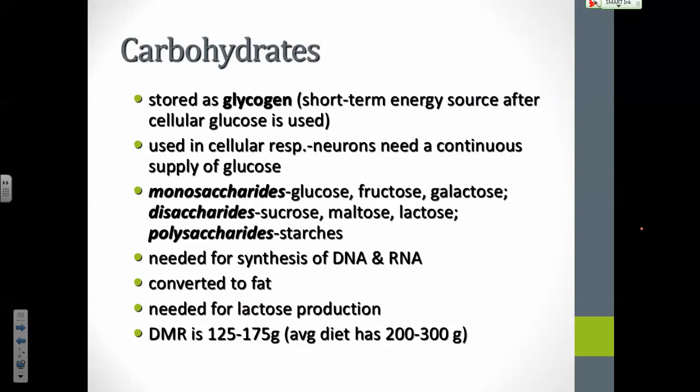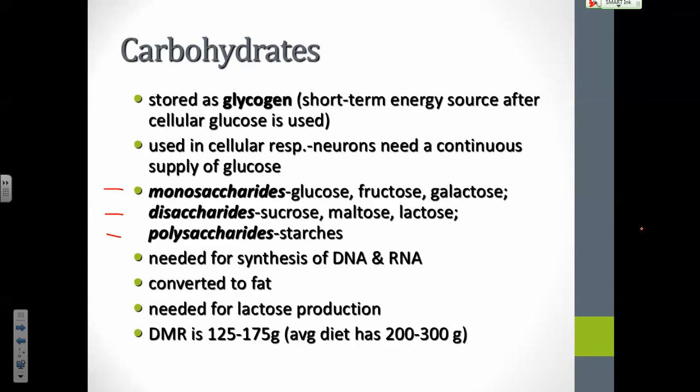Okay. So let's start with the macronutrients and the carbohydrates. You know the categories of carbohydrates. You've learned these before. Monosaccharides are simple sugars. Disaccharides are double sugars. And polysaccharides are long chains of simple sugars, the complex carbohydrates.